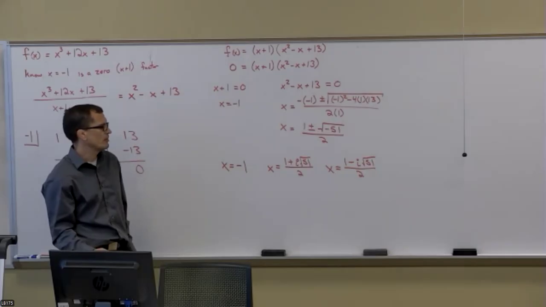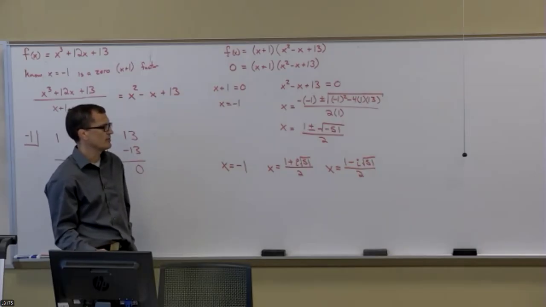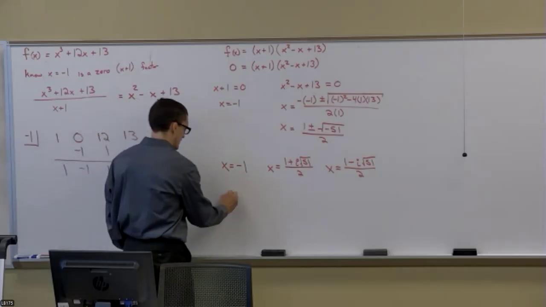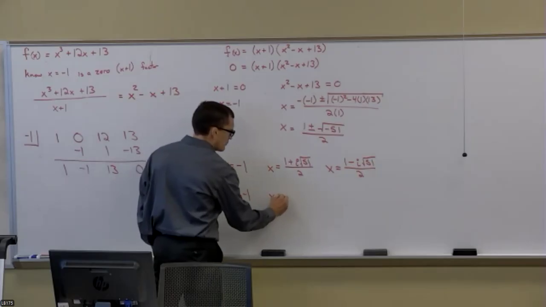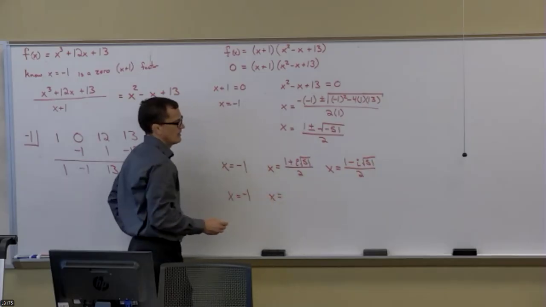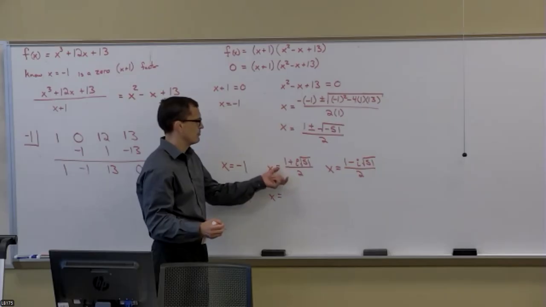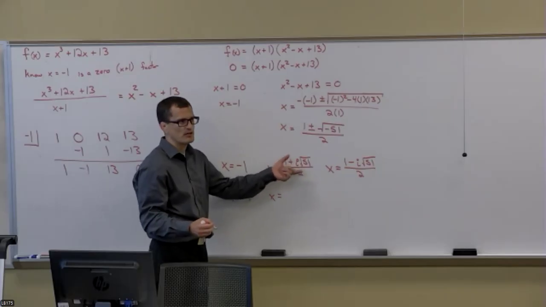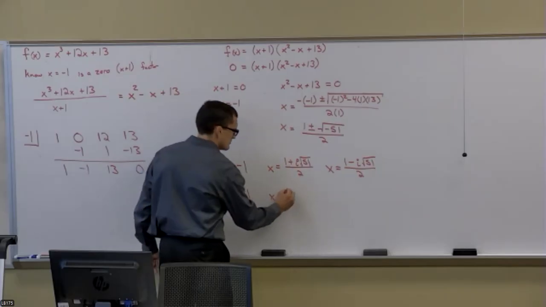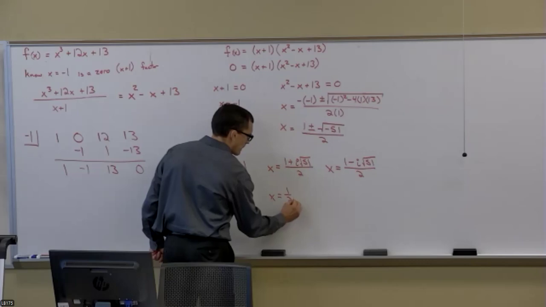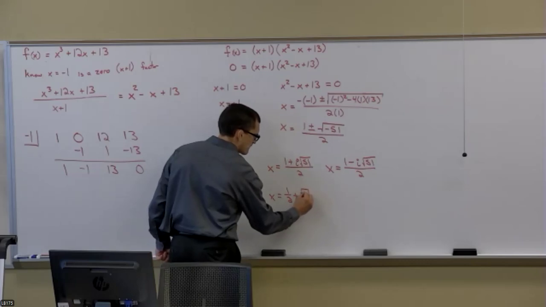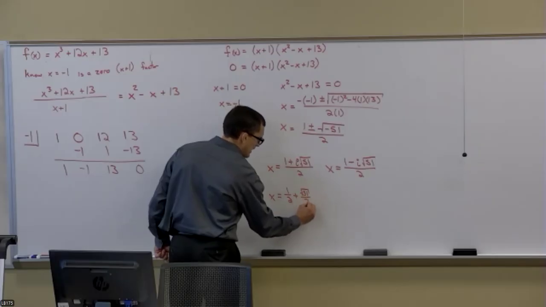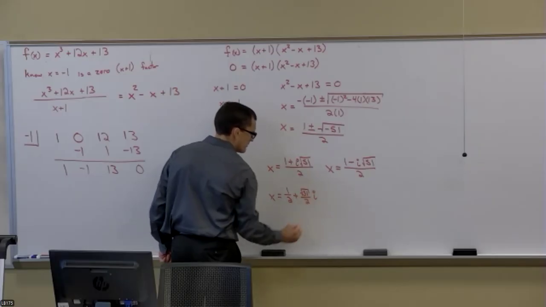You could have written those complex solutions in different ways if you'd like. If you had wanted to write those as real parts and imaginary parts, you could just split up by dividing each piece by 2. Right?